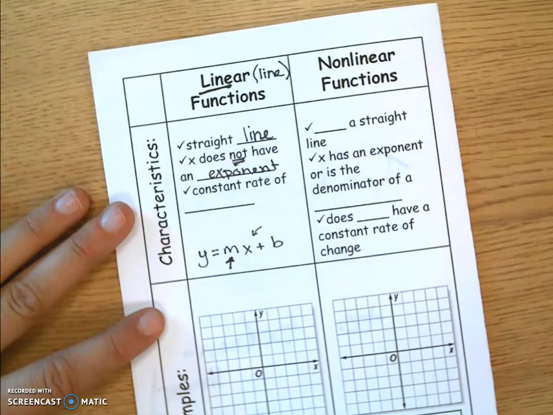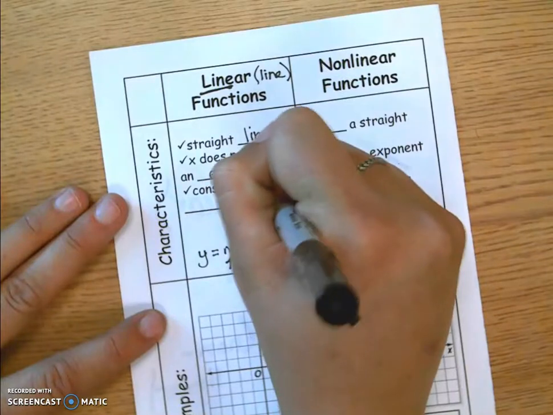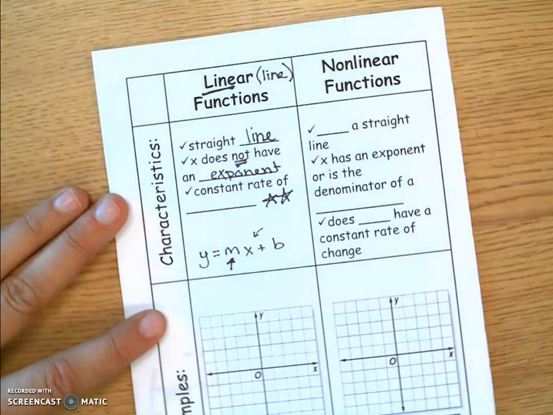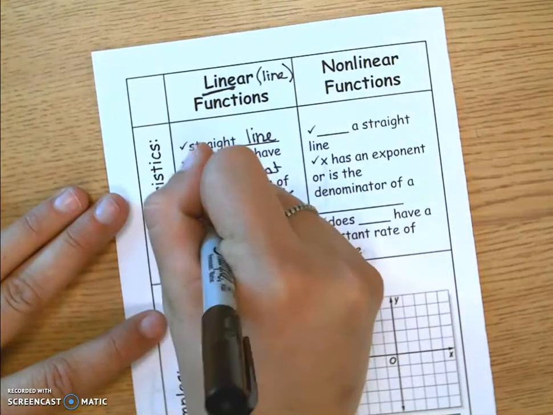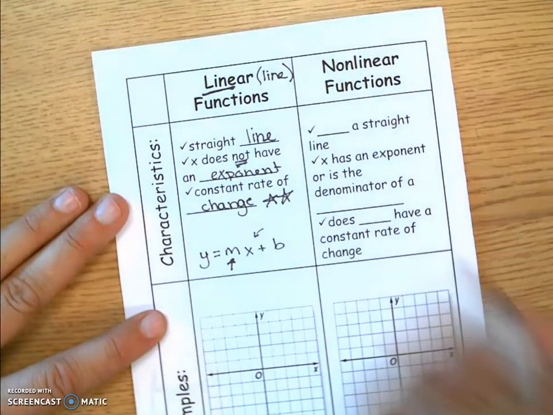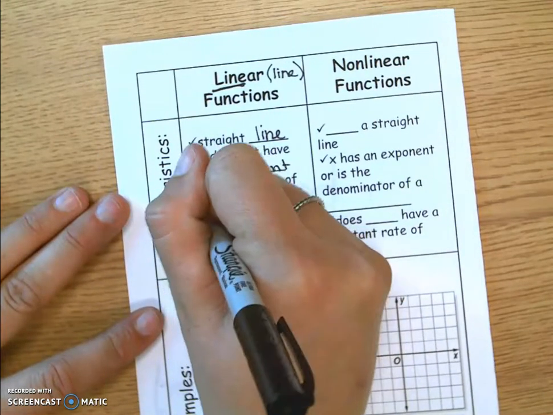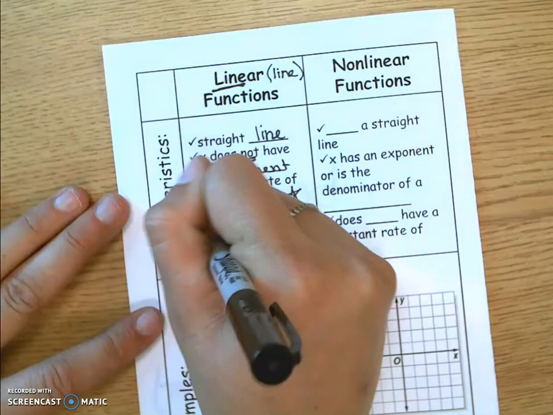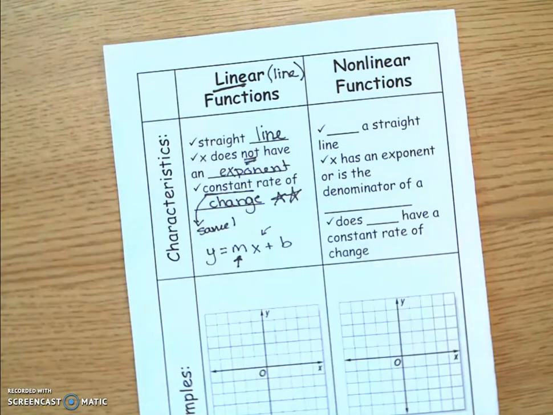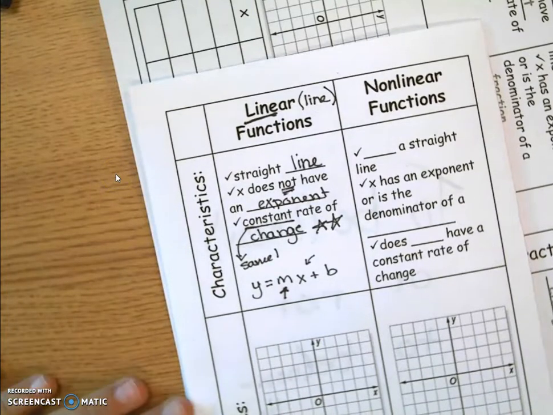And the last way we can tell if it's a linear function or not, and I want you to star this one because I think it's very important. It has a constant rate of change. And so if it has a constant rate of change, that means it's changing the same amount. Alright, so we know it always has the same rate of change throughout.